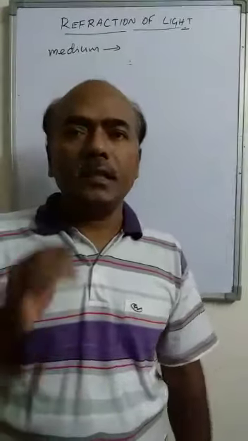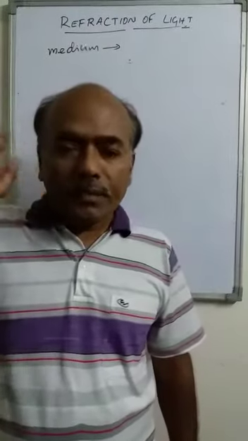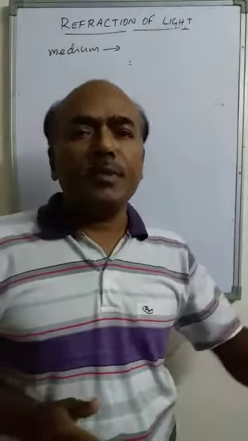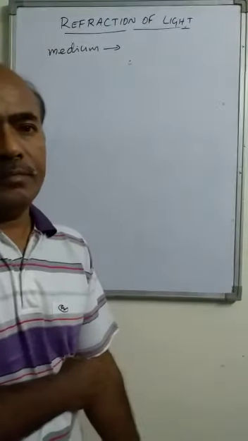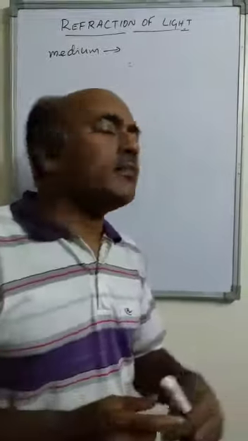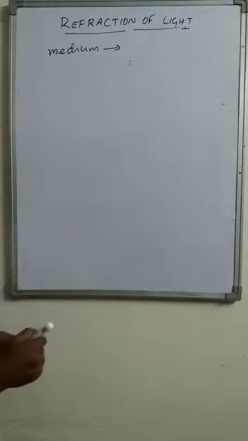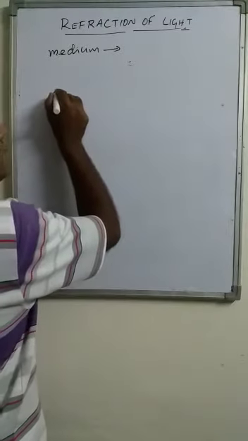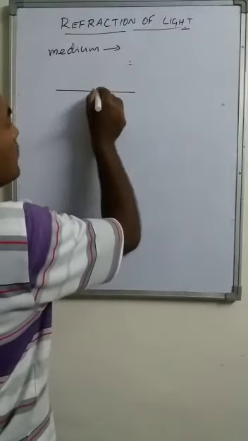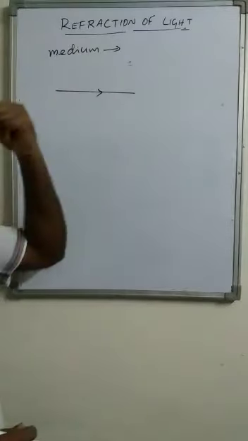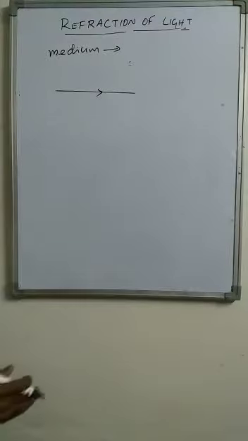But if the light ray changes its medium, suppose it is traveling along a straight line like this. Up to this, there is some medium present.